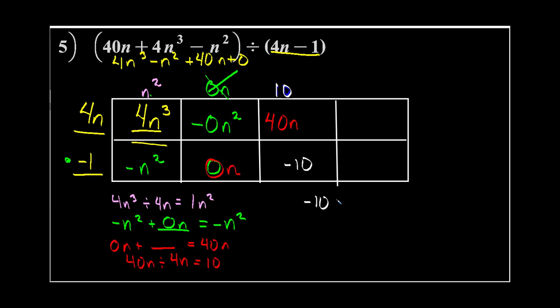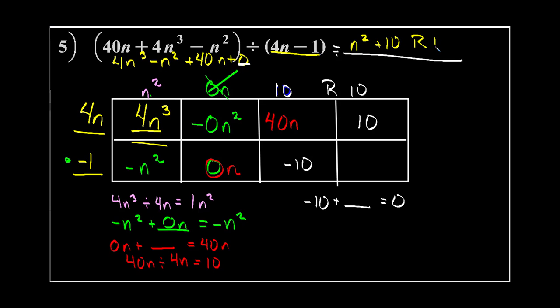And so negative 10 plus what? And if I come up here, there isn't one that's a constant. So it's plus what is going to equal 0. So it would be plus 10. So our remainder is 10. And now let's go ahead and write what that's equal to when we divide. And so it equals n squared plus 10 with a remainder of 10.